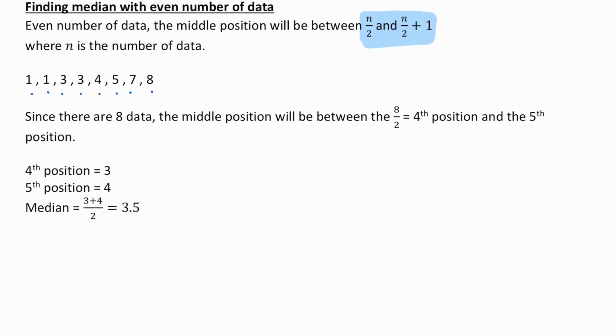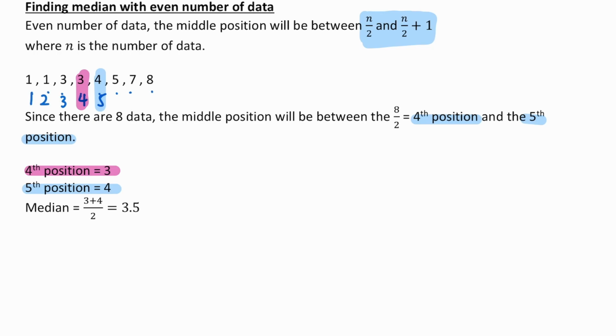It will be between 8 over 2, which is the 4th position, and the 5th position. Likewise, we count the 1st, 2nd, 3rd, 4th, and 5th positions. You can see that the 4th position is 3, and the 5th position is 4.